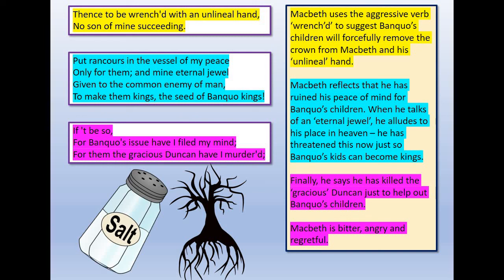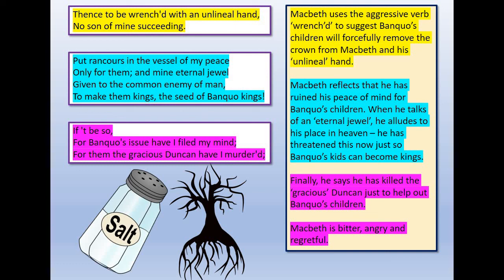So finally he says he's killed gracious. Look at the language that he uses around Duncan: gracious. He's still acknowledging what a good king Duncan was, even though he's murdered him, and murdered him in such a brutal way. He stabbed him in his sleep, and multiple times. But he's still looking at Duncan as this solid king, as this ideal of a king.